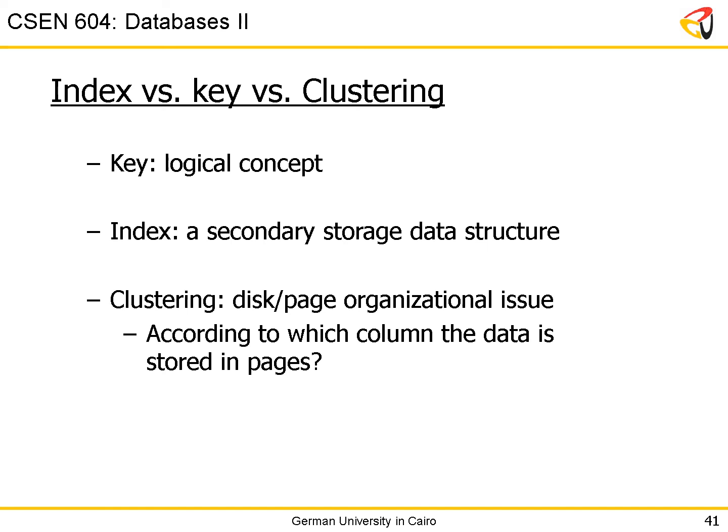The notion of sorting, from now on, we're going to call clustering. So instead of saying the column I'm sorting the pages of the table according to, I'm just going to call it the clustering column, which is the column used to sort the table. So now we have the clustering column.